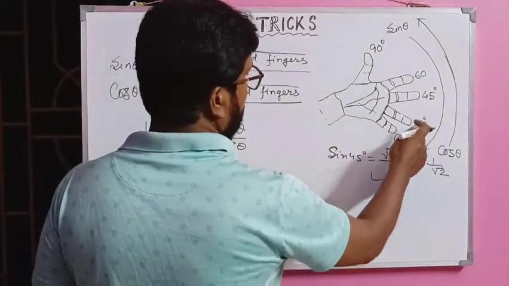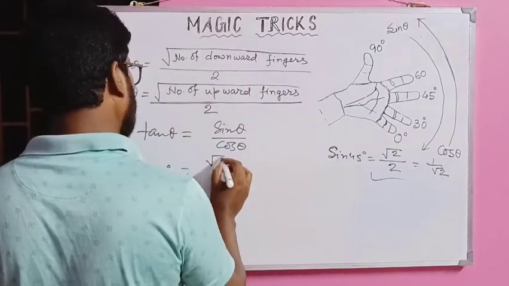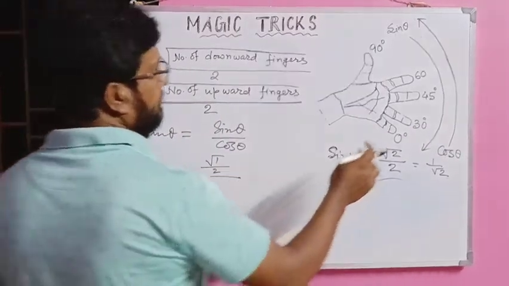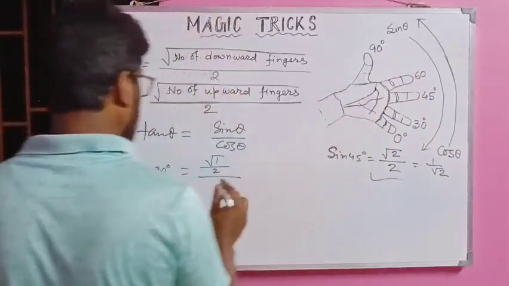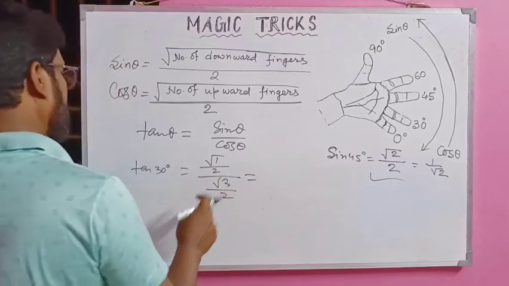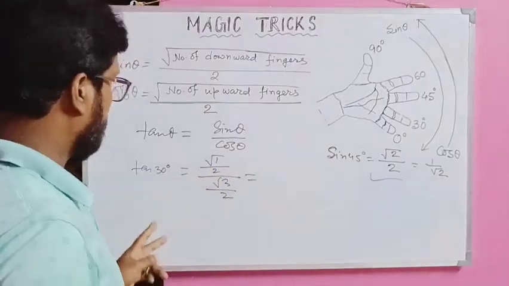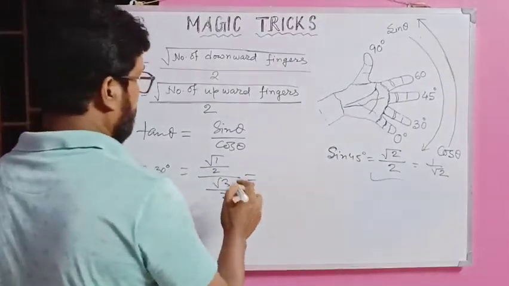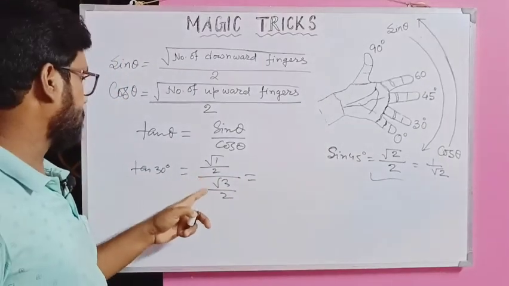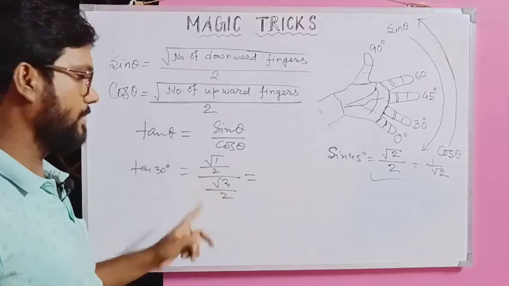Sin 30 degrees, there is 1 finger left, therefore root 1 by 2, and for cos 30 there are 3 fingers left, root 3 by 2. These two 2s will be omitted, by the complex fraction rule.